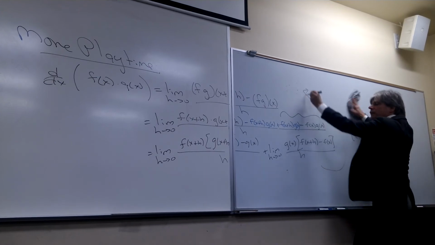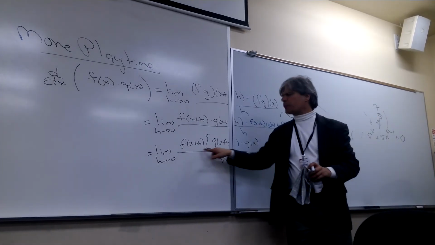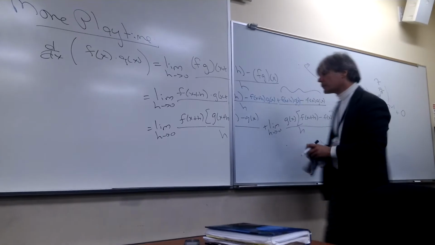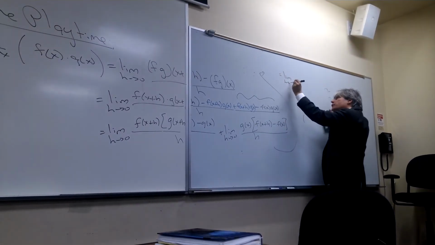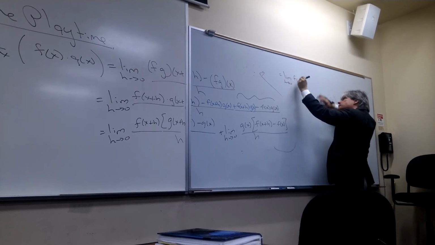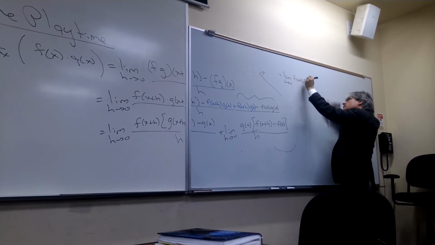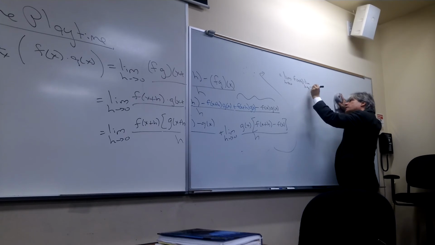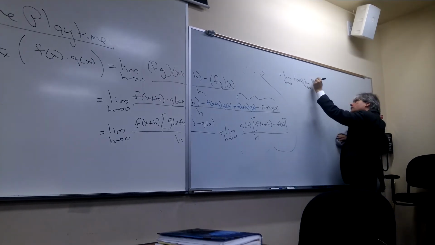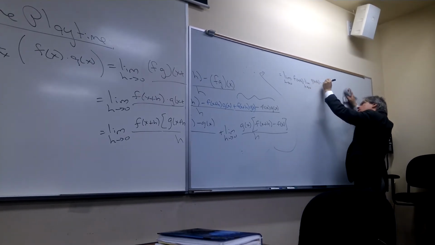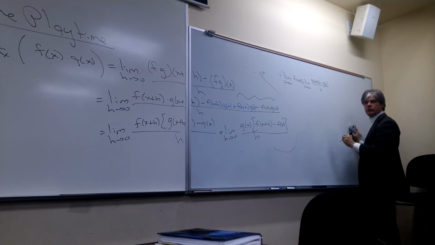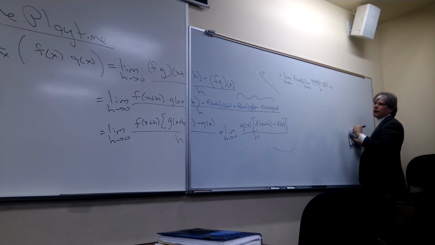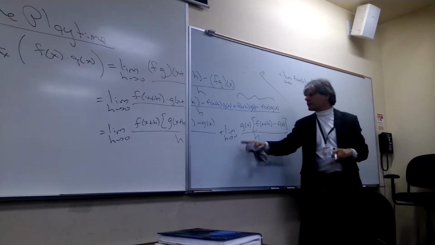But that gives me, let's see, doesn't that give me the limit of a product? That's the product of two limits. And so I think I'm left with a limit as h goes to 0 of the first factor, times the limit as h goes to 0 of the second factor, plus, oh, you guys, check this out here too. I got the limit of a product.